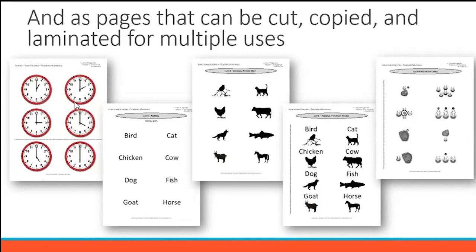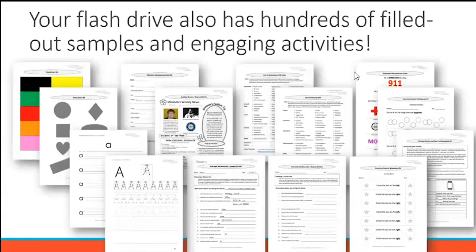And then there are pages that can be cut and copied and laminated for multiple uses. And like I said, I can't say it enough: lamination is your friend. It makes your materials last longer and keeps you from remaking and copying them more frequently.